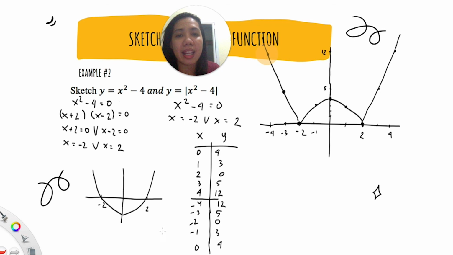Why? Because the absolute value will make the y value of the function a positive number. So when we have this part with negative y values, by the absolute value it will be reflected upward, so that this function can have only positive and 0 values of y.